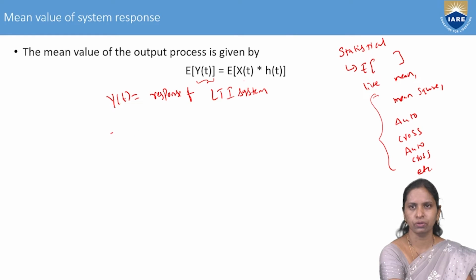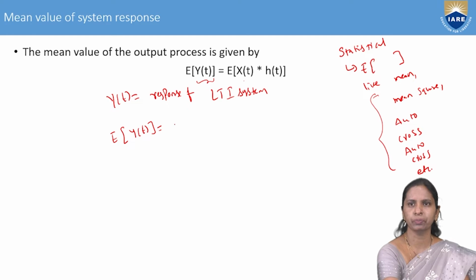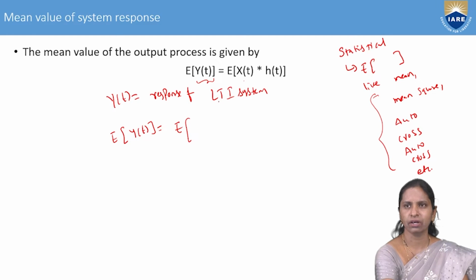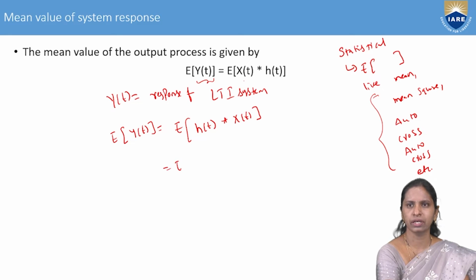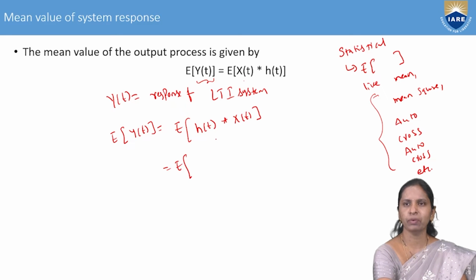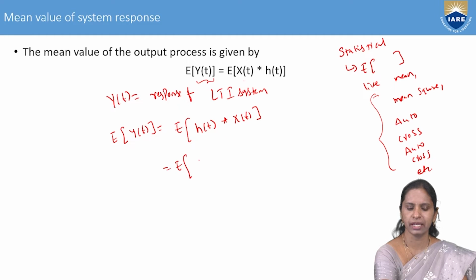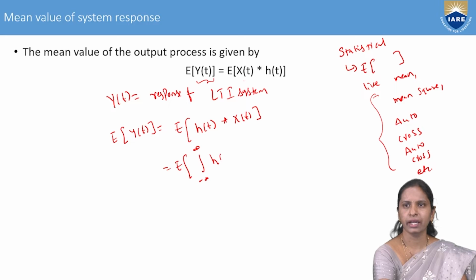So the mean of the response of the system, or the output process, is the expectation of x of t convolution h of t, or else I can write this as h of t convolution x of t also. That equals the expectation of the integral from minus infinity to infinity of h of lambda into x of t minus lambda d lambda.